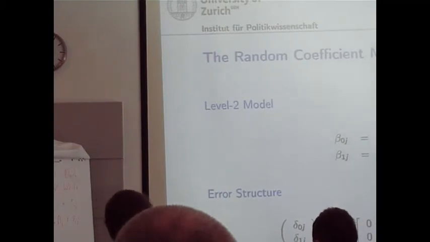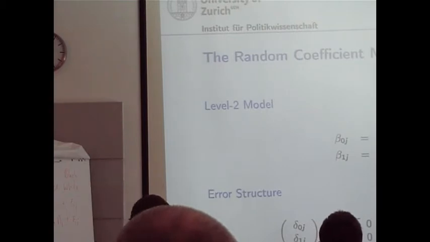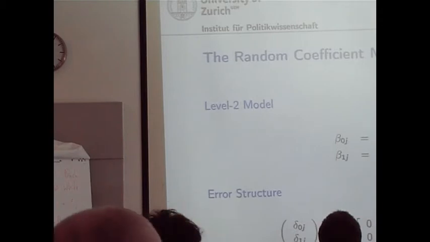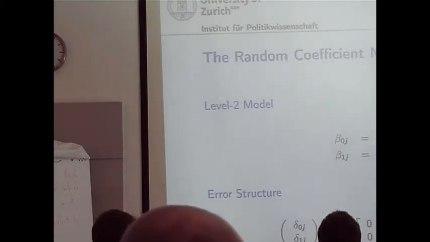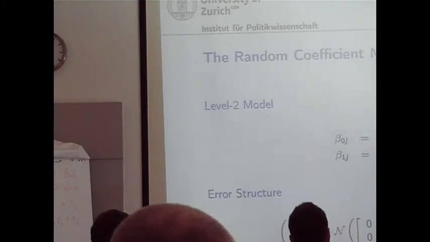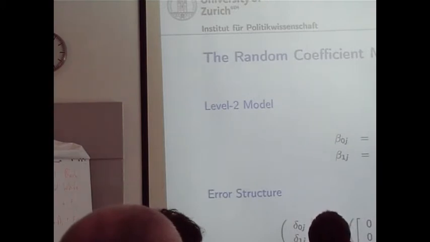And in this covariance matrix, the diagonals are the variances. So we have tau 0,0, that's the variance of delta 0j. And we have tau 1,1, that's the variance of delta 1j. And then to allow potentially that the intercepts and the slopes covary, I have a covariance component tau 0,1.